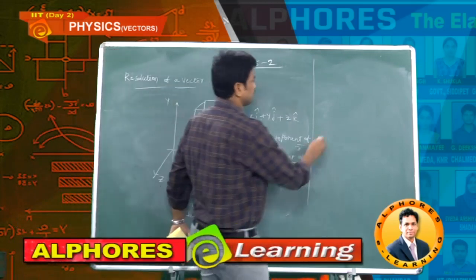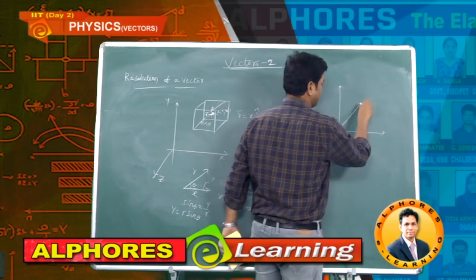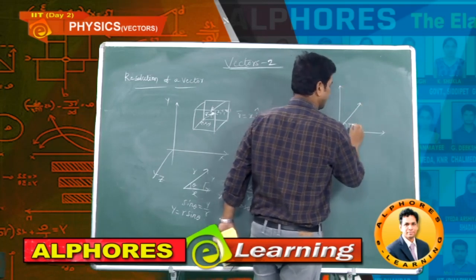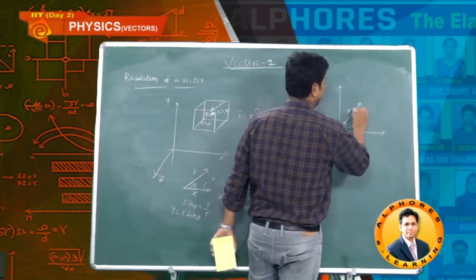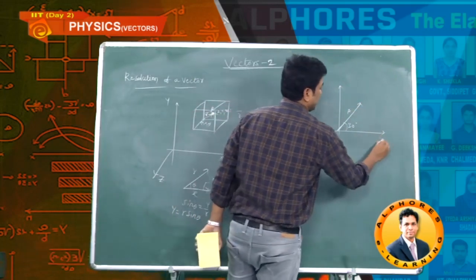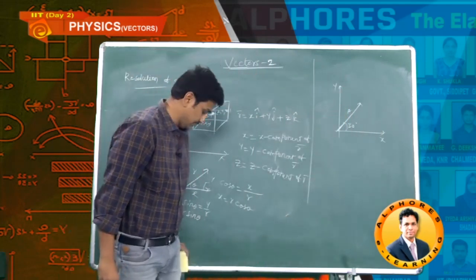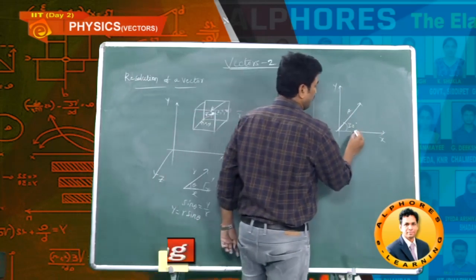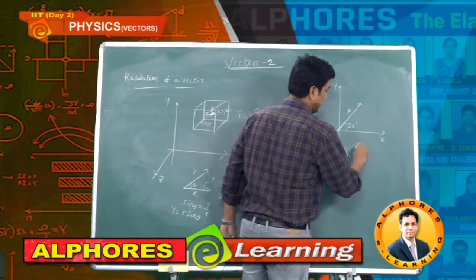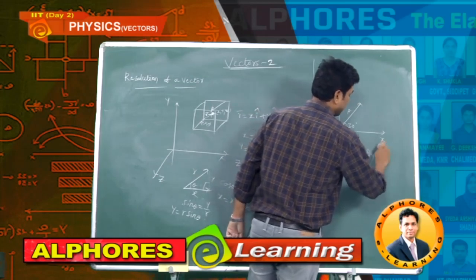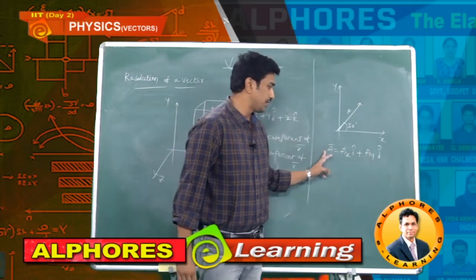See here, 30 degrees. Let this be A. Let this be in 2D. A vector in 2D has two components. Now, can I write A bar is equal to Ax i cap plus Ay j cap. I don't know Ax and Ay. Ax is the x component of A bar.